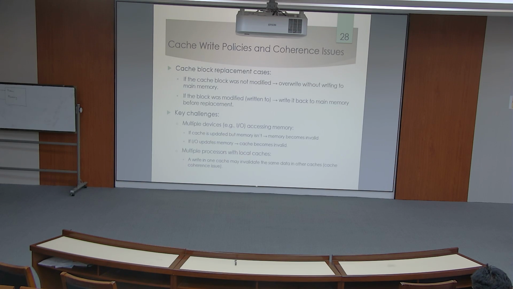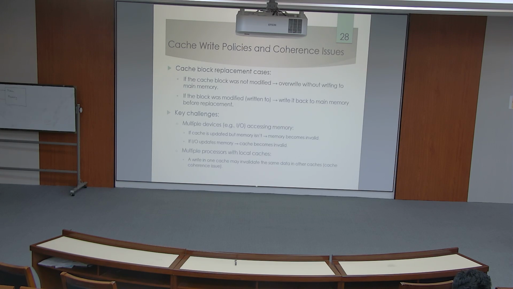We also have some key challenges, including multiple devices, let's say input-output devices, that need to get access to the memory. If the cache is updated, but the memory isn't updated for the same copy of the data, that means the main memory is invalid because it holds data which is not updated.